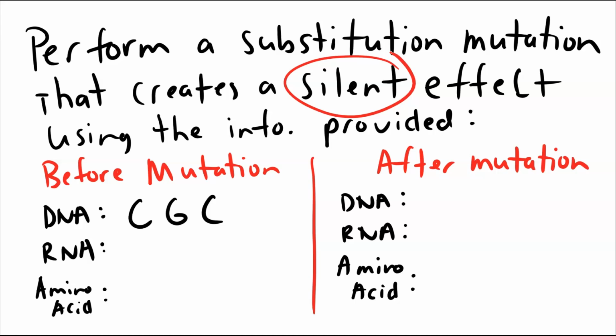So let's go through this before the mutation. I'm going to say before the mutation, you have RNA that is GCG. If I go to my genetic code table, GCG gives me alanine. So this needs to be the same thing here. Okay, so if you look at a genetic code table, and I didn't have space to put one on this slide, what you're likely to see is some flexibility at that third RNA nucleotide position, but little flexibility at the first position.